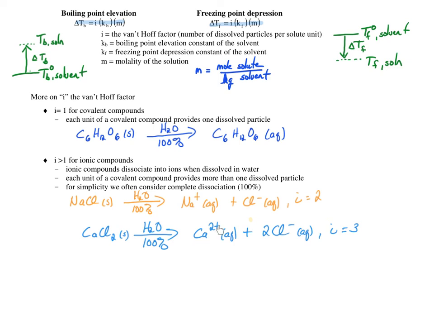Calcium's a 2A metal. It's going to form 2 plus ions. And this 2 indicates that we're going to have 2 chloride ions. So each unit here produces 1 plus 2, 3 particles in solution. And so for calcium chloride, with complete dissociation, our i, van 't Hoff factor, is going to be equal to 3.